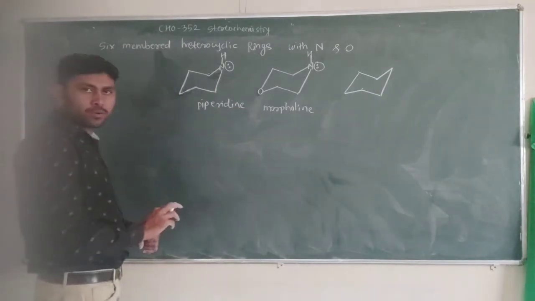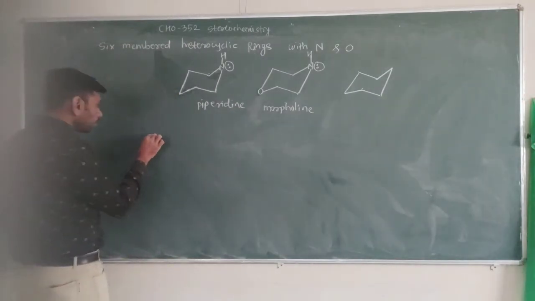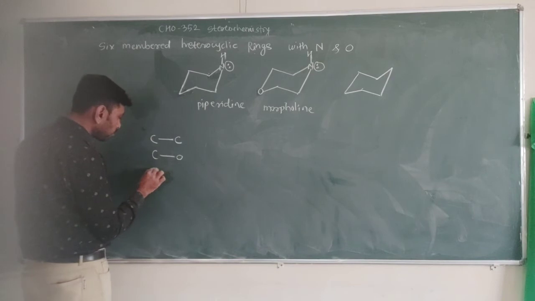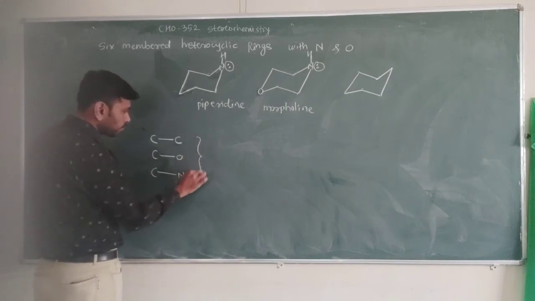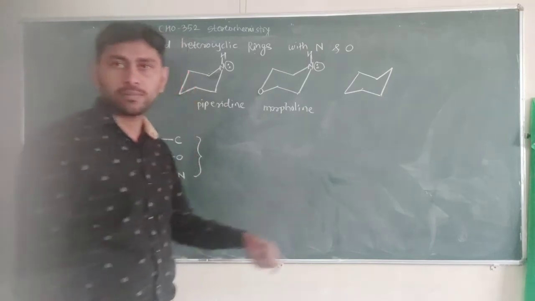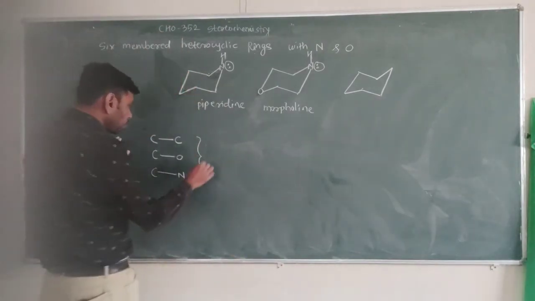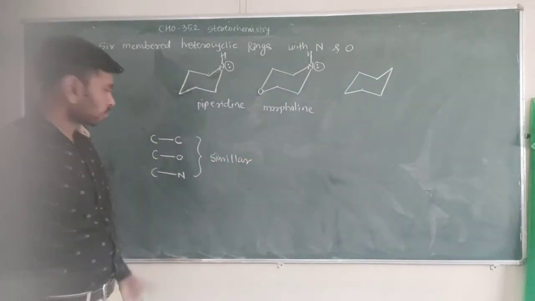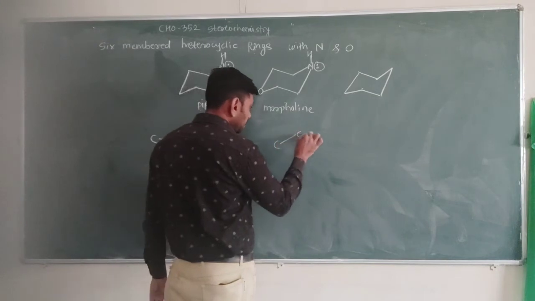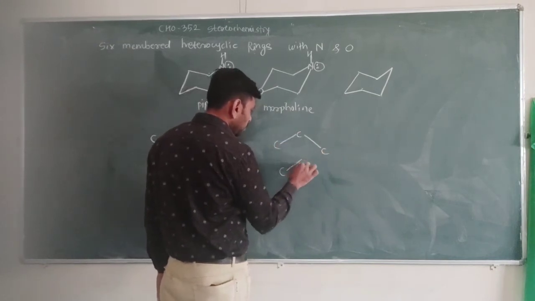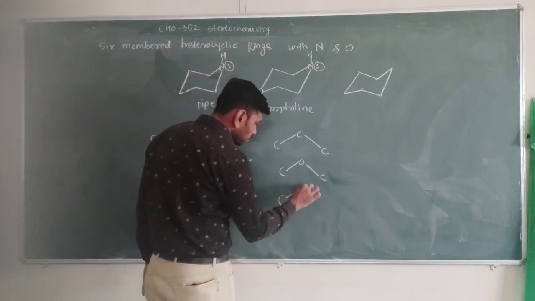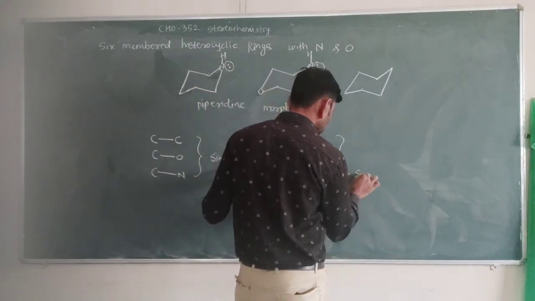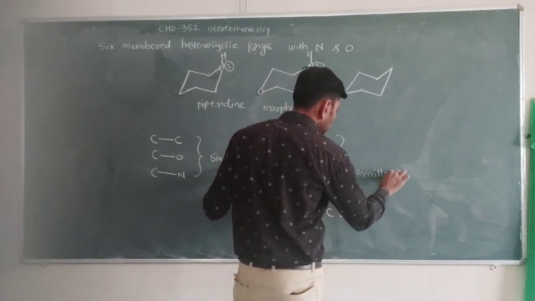In these compounds, we have to see the bond length of carbon-carbon, carbon-oxygen, and carbon-nitrogen. If we observe the bond lengths of these three, they are nearly similar. Also the bond angles, carbon-carbon-carbon, carbon-oxygen-carbon, and carbon-nitrogen-carbon, are nearly similar.